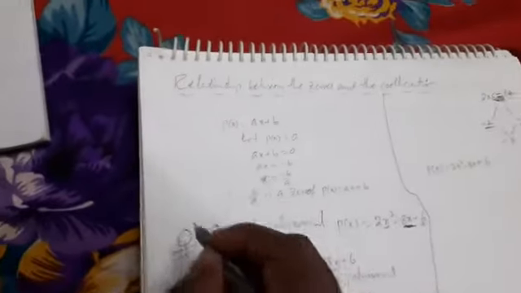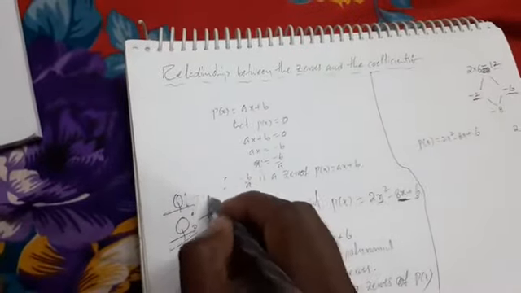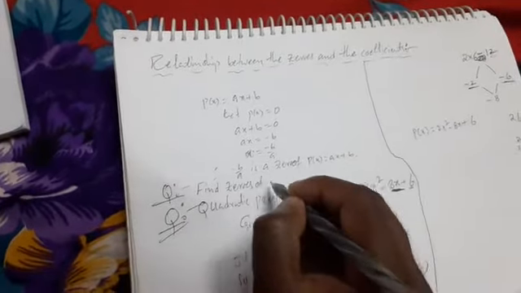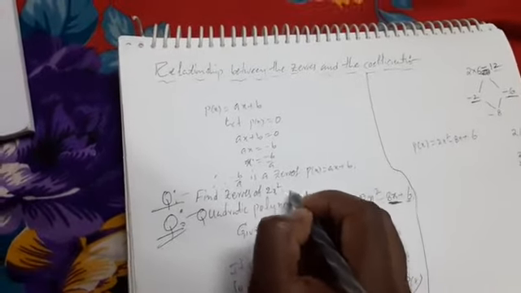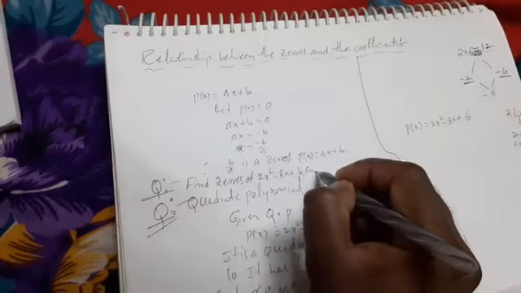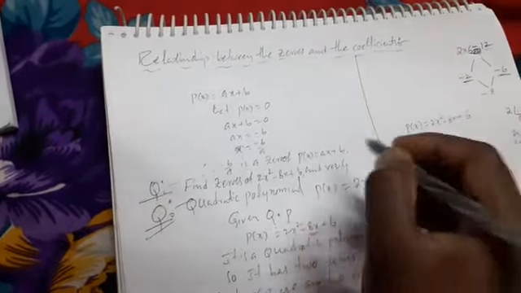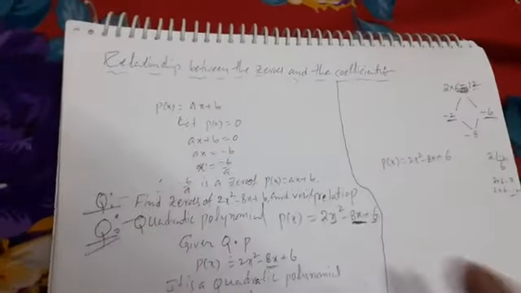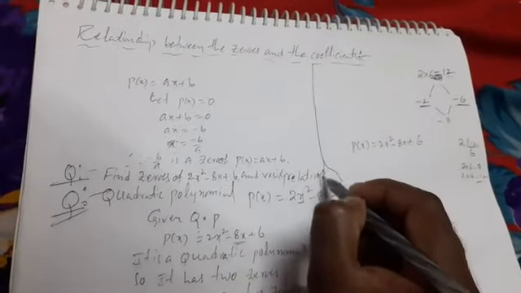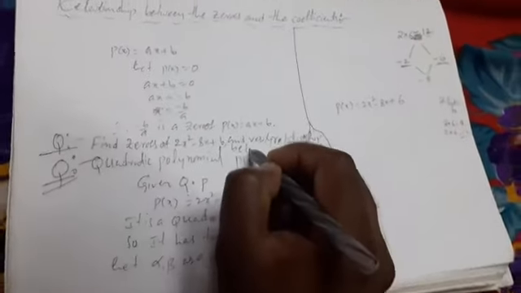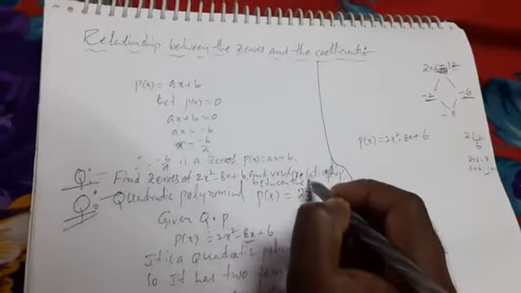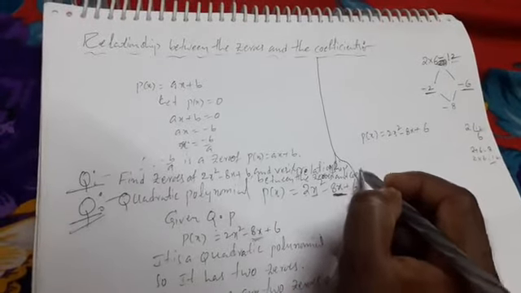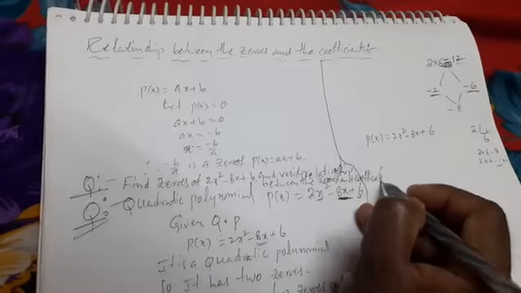You can write the question: find the zeros of the quadratic polynomial and verify the relationship between the zeros and the coefficients. Actually, this is the question.